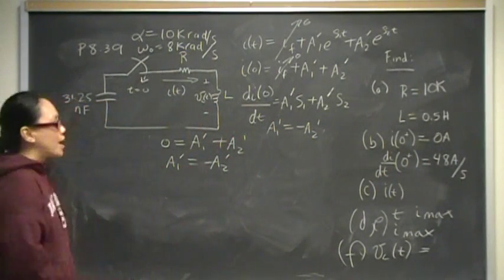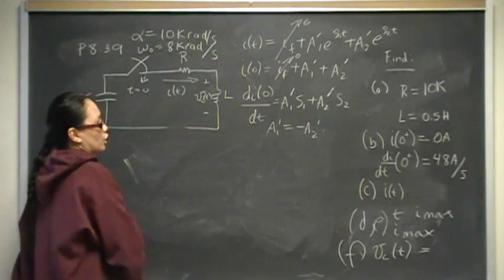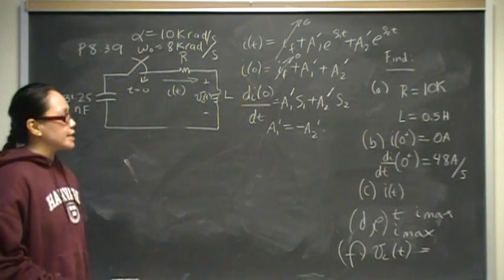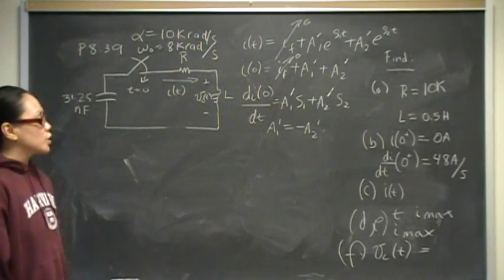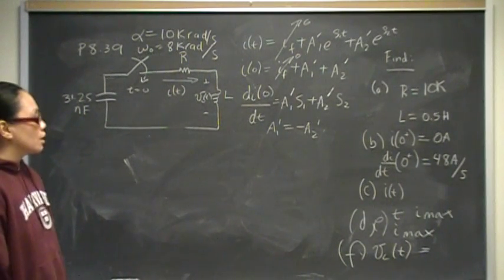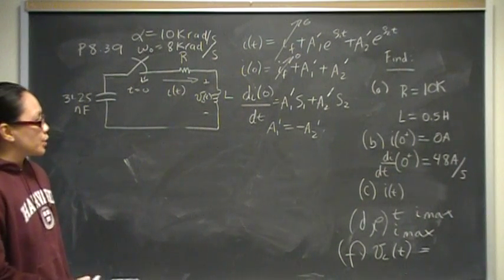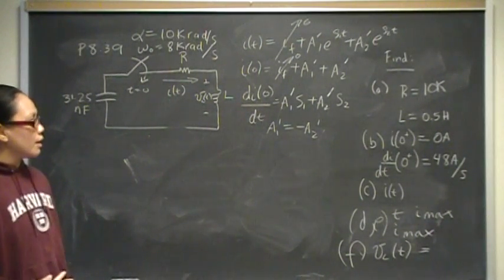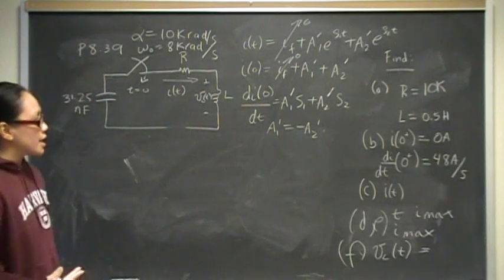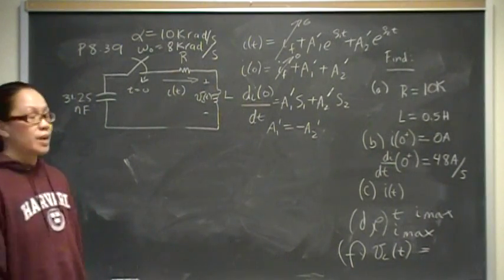Now we can substitute that into the third equation, which says the rate of change of the current at time 0, that's of course di/dt of 0, is equal to A1 prime S1 plus A2 prime S2. We know S1, we know S2, di/dt of 0 we solved in part B, so if we can substitute A1 is equal to negative A2, then we have one equation, one unknown, and we can find what A2 is.